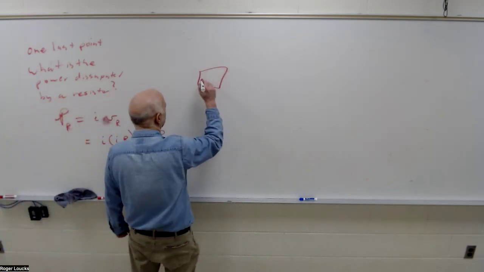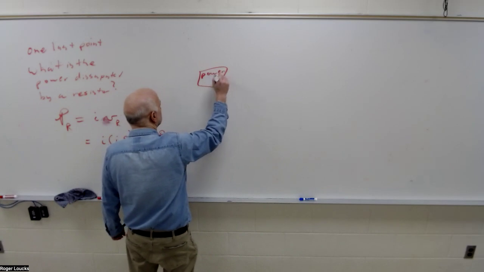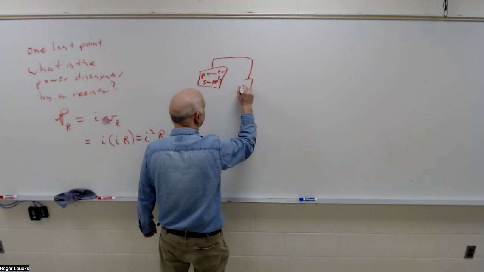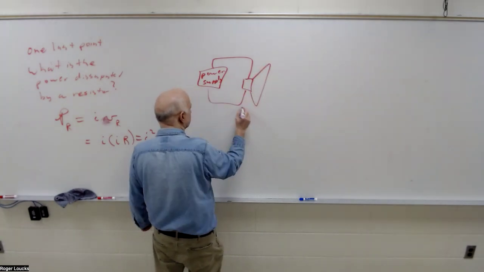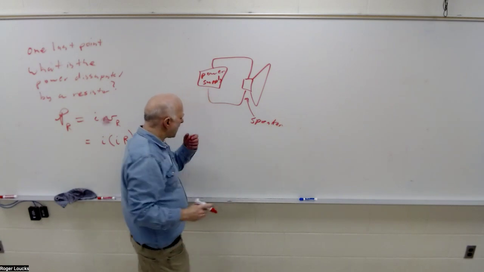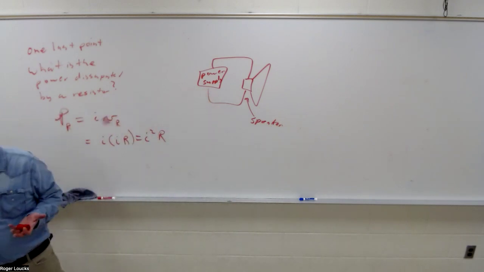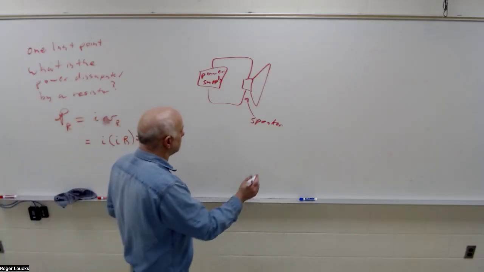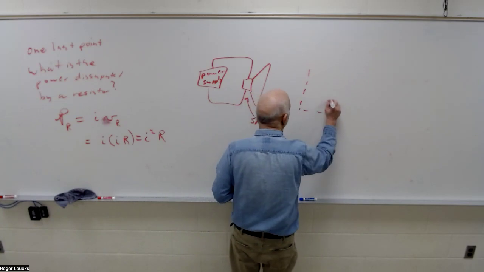So let's say here's your power supply. And here's your stereo. Here's your speaker. Okay. I need a model for this. So what would be a model for this? How can I model my power supply? I'll put little dotted lines here. So here's my little model.